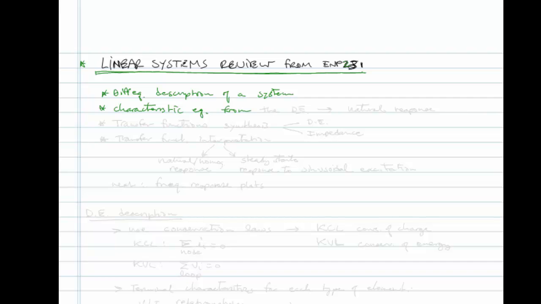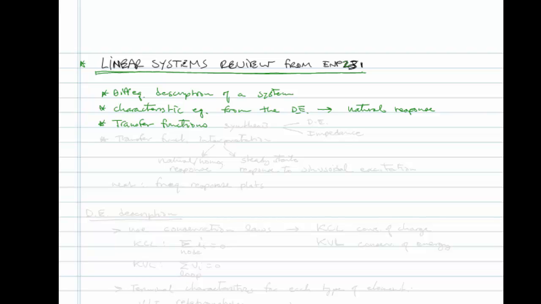from the differential equation, and how to use that to arrive at the natural response of the system, natural, homogeneous, complementary, that sort of thing. We'll refresh on transfer function representation of a system, and we'll synthesize that.